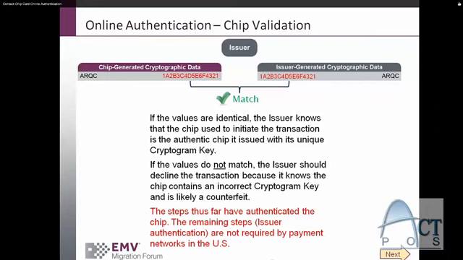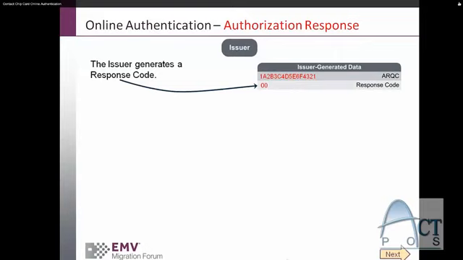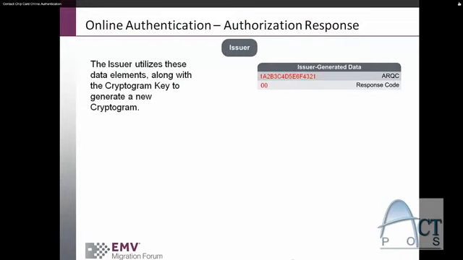The remaining steps are focused on the issuer authentication, and they are not required by payment networks in the United States. The first step in this process is for the issuer to generate a response code. In this case, the issuer is going to approve the transaction. The issuer will then utilize the cryptogram key along with the other data elements to create a new cryptogram.